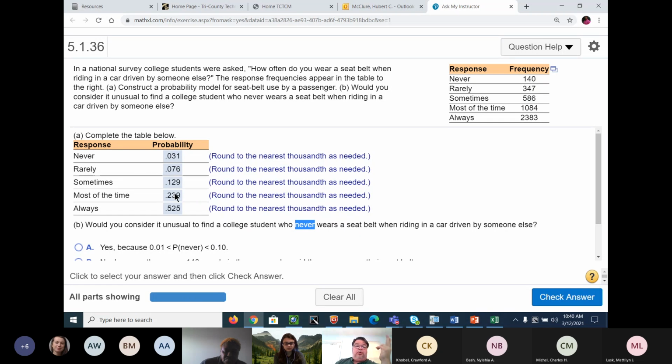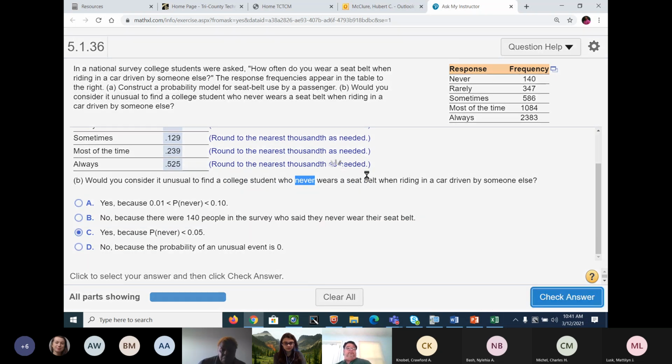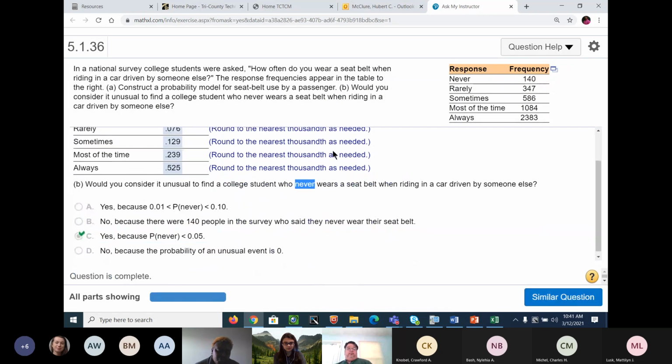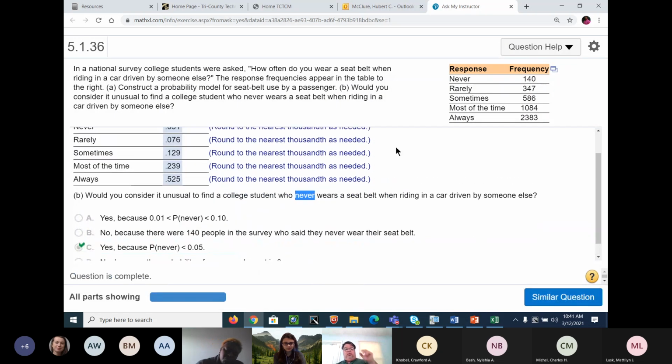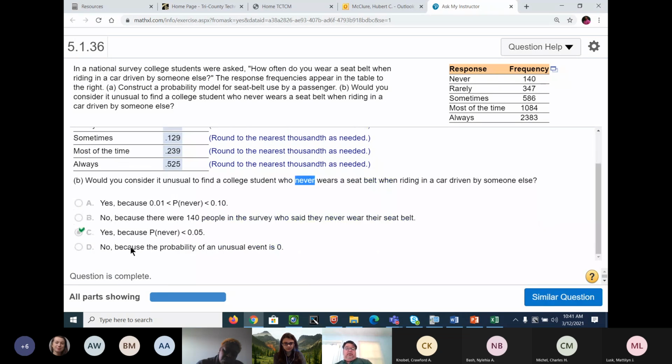That would be normal. That would be normal. That would be normal. This would be unusual. Okay? So you need to remember that. That right there is a test question. I would put that on the test in a heartbeat. And this question right here, they love this question on standardized tests.